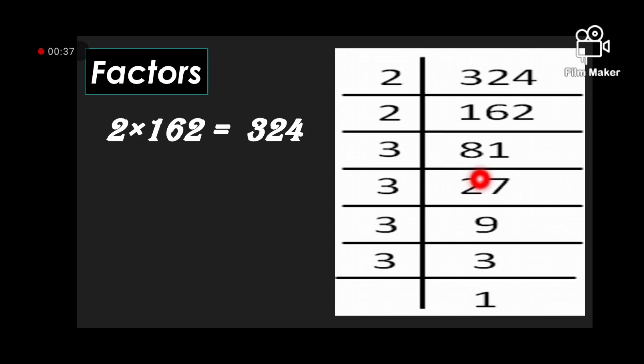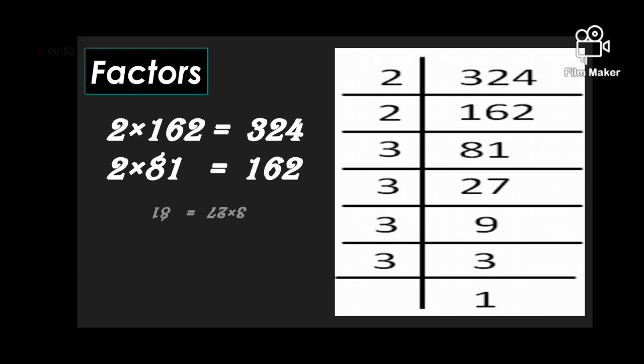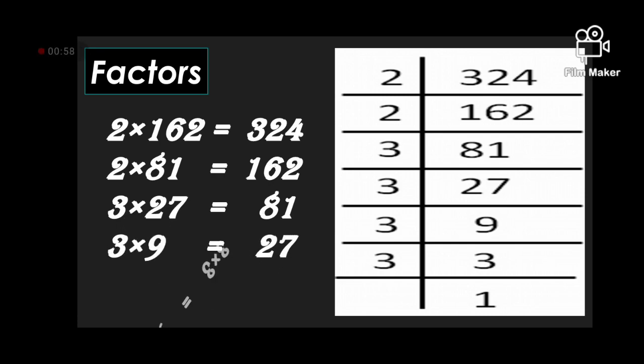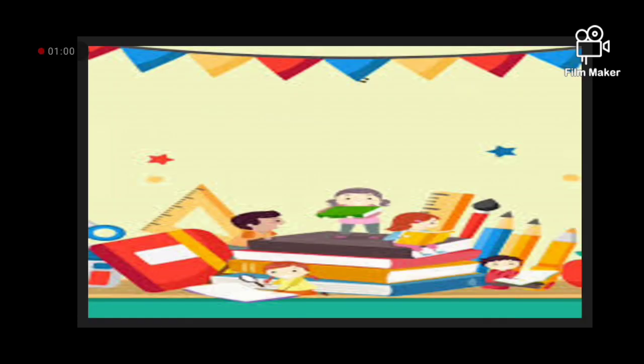Now 81 cannot be divided by 2, so we will take 3. 3 27s are 81, 3 9s are 27, 3 3s are 9, and 3 1s are 3. So the prime factors of 324 are 2 multiplied by 2 multiplied by 3 multiplied by 3 multiplied by 3 multiplied by 3.